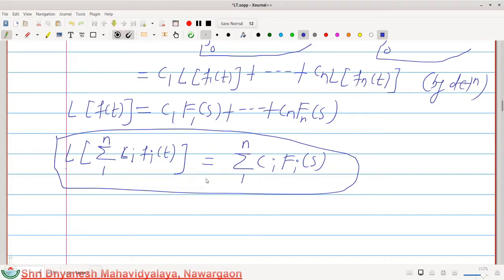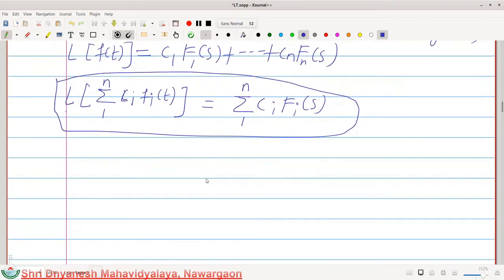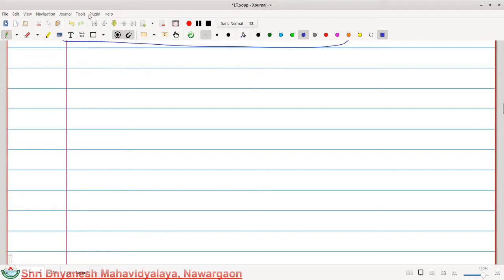Okay, so let us see few examples based on this linearity property. But before that, let us see Laplace transform of trigonometric function. Okay. So number 3, f(t) equals sin at.